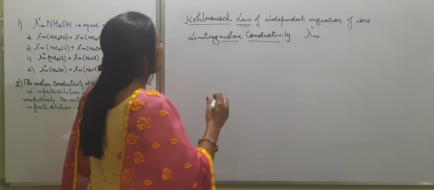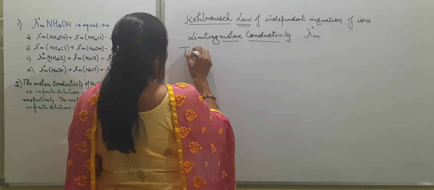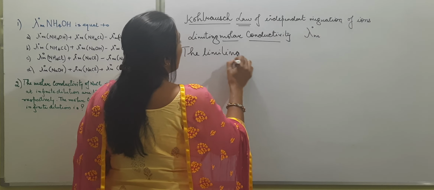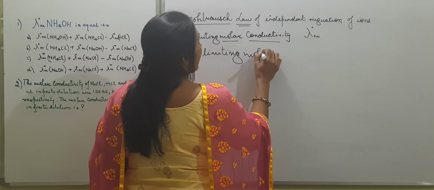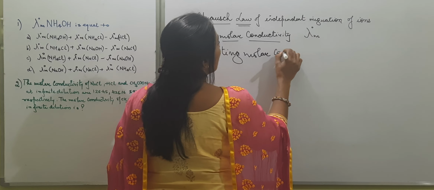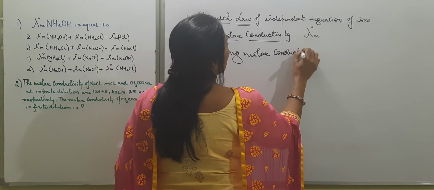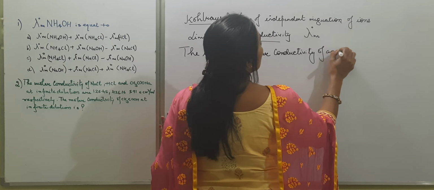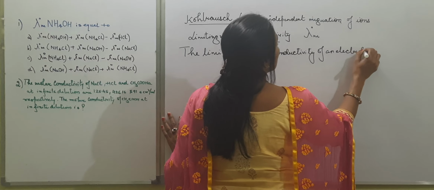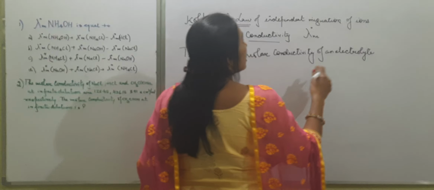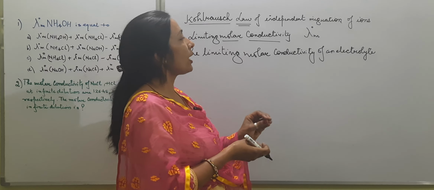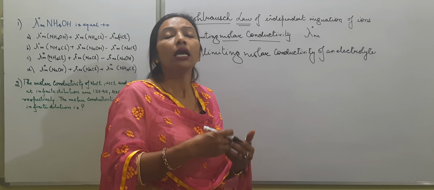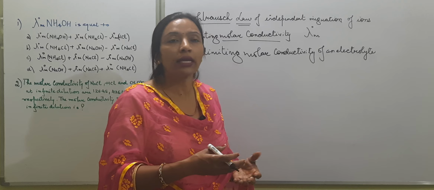So what Kohlrausch is saying, that the limiting molar conductivity of an electrolyte, of an electrolyte can be any. Here we are talking about the strong electrolyte. The limiting molar conductivity of an electrolyte means KCl, NaCl, even magnesium chloride, calcium chloride.